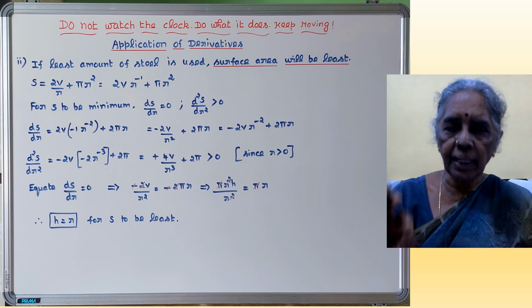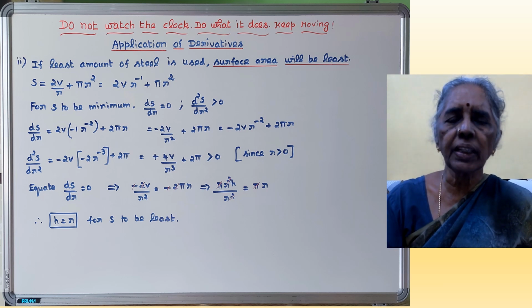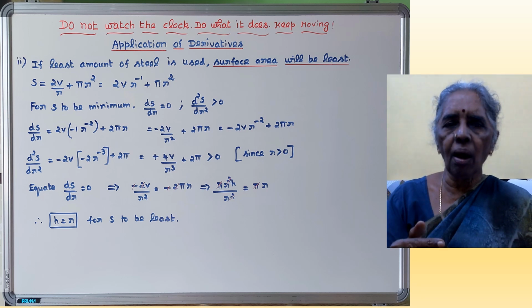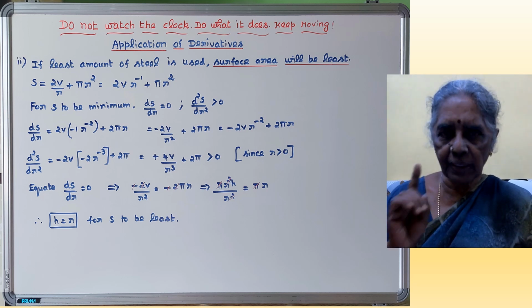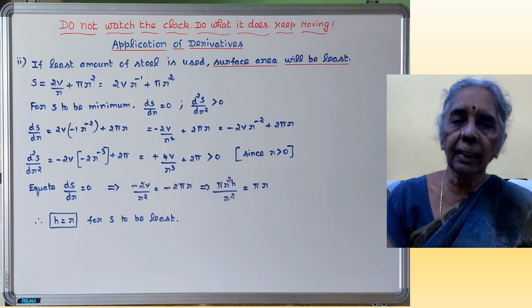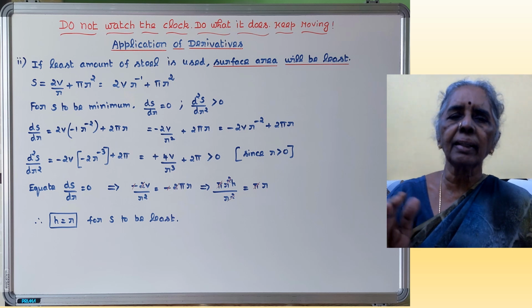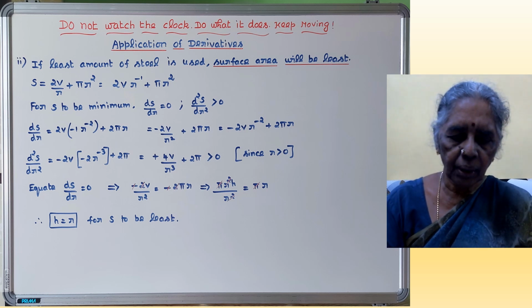So now your S should be minimum. What is the condition for S to be minimum? dS by dr is equal to 0. The first derivative is 0 for both maxima and minima. The second derivative d squared S by dr squared should be greater than 0 for minima.